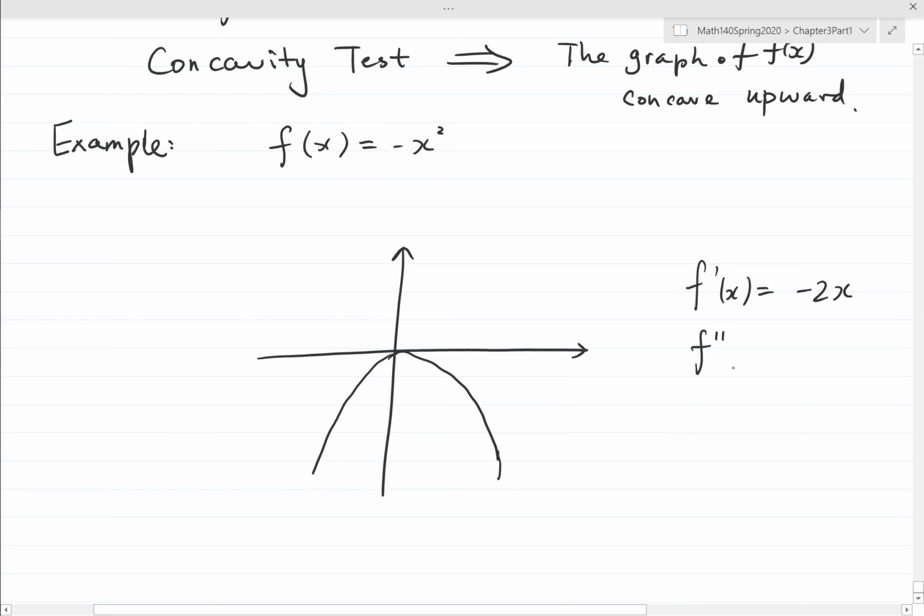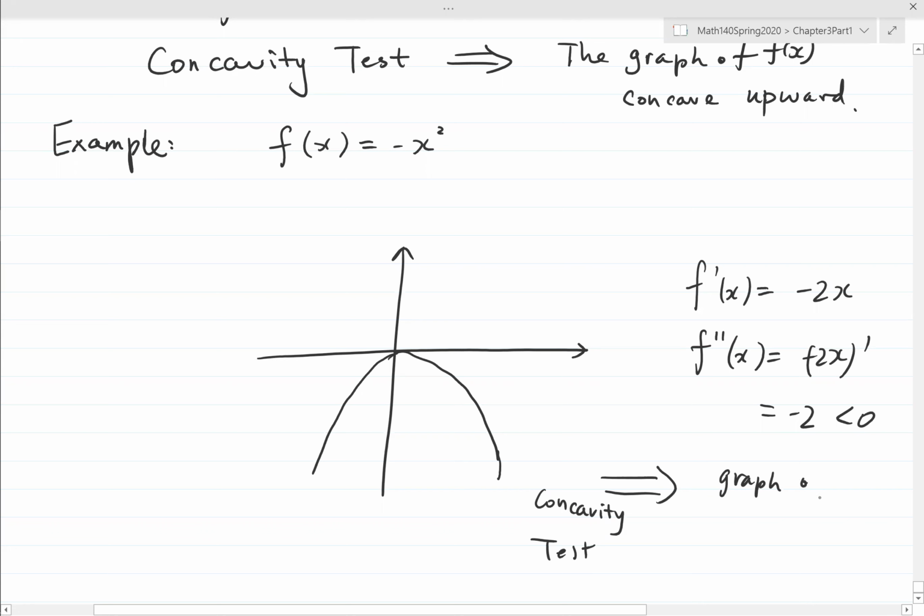For the second derivative, you take the derivative again, the derivative of negative 2x, and you get negative 2, which is less than 0. So indeed by the concavity test, it concaves down. The graph of f(x) concaves downward.